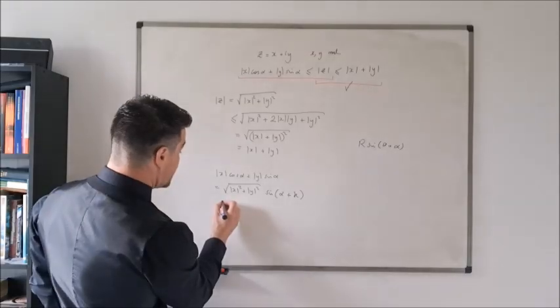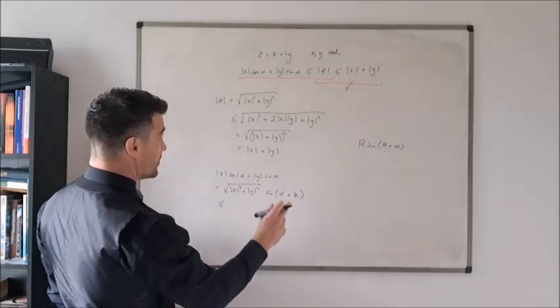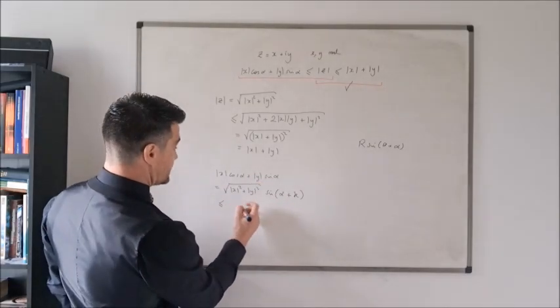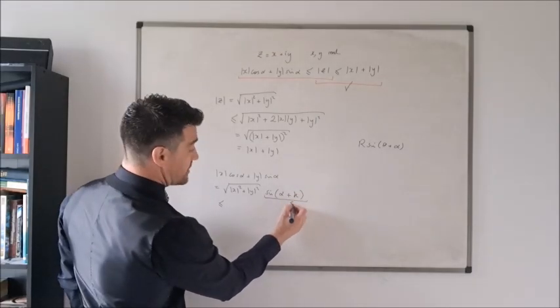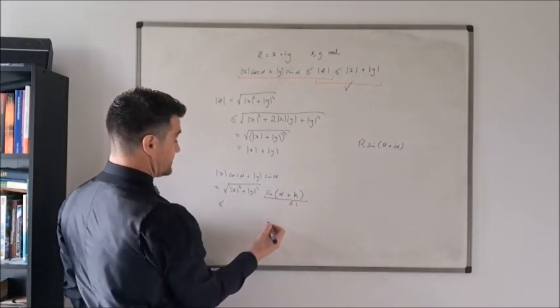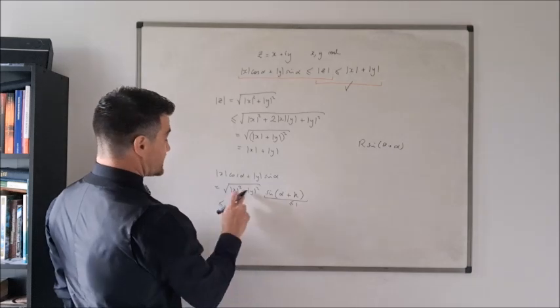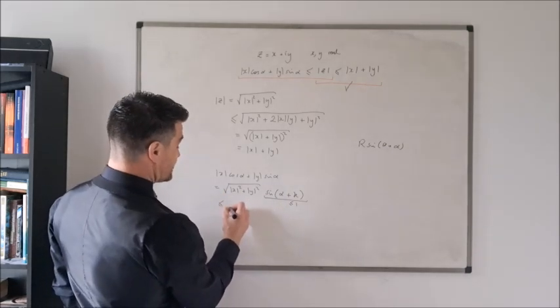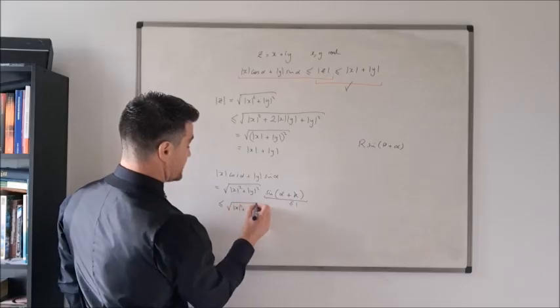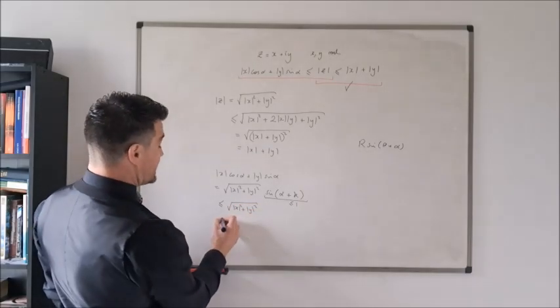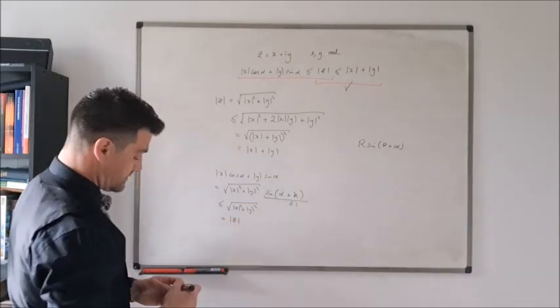But this in turn is going to be less than or equal to what? Notice that sine alpha plus k, that's always going to be less than or equal to 1. Okay? So this is always going to be less than or equal to the square root of modulus of x squared plus modulus of y squared, which is equal to the modulus of z.